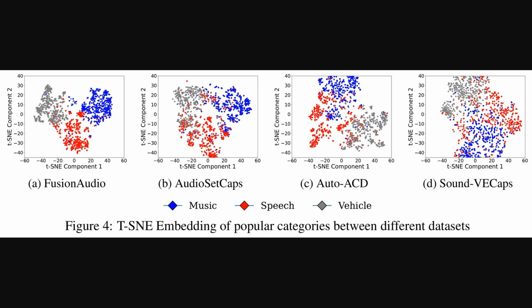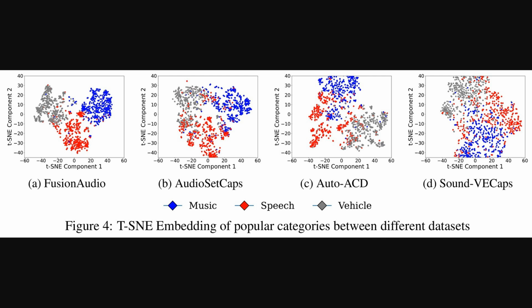Alright, so the manual checks give us confidence in the quality, and this next figure gives us a visual way to see that quality. These plots are what are known as TSNE embeddings. This is a visualization technique that takes the complex mathematical representation of each audio clip and plots it on a 2D chart, so clips that are semantically similar should appear close together. We're looking at 3 categories here: music in blue, speech in red, and vehicle sounds in gray.